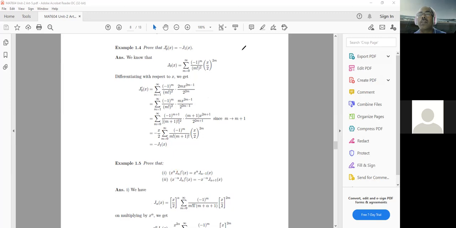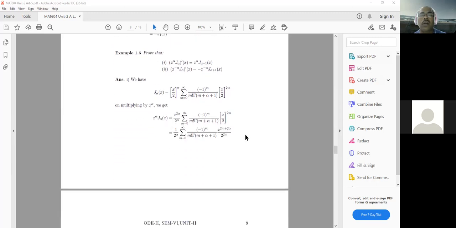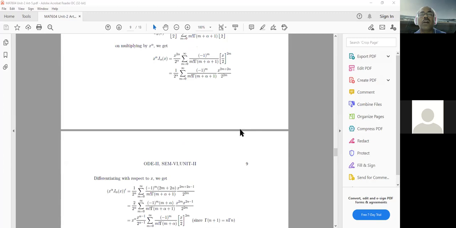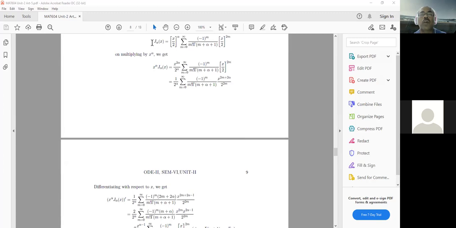Next step is like this. So we just multiply by x to the power alpha. You will get this x to the power alpha J alpha in the left hand side, and here x to the power alpha into x to the power alpha, that will give by laws of indices x to the power 2 alpha divided by 2 to the power alpha, and this summation as it is.